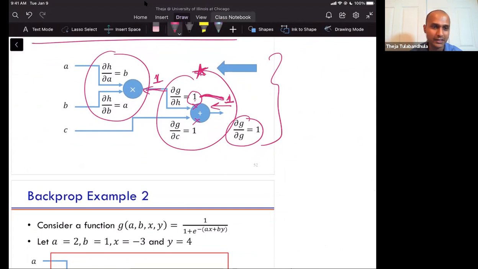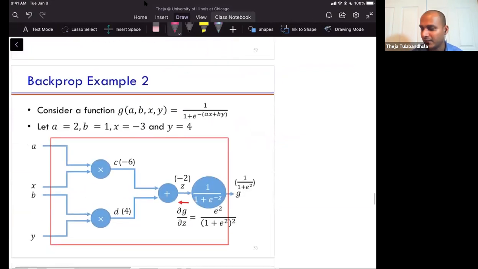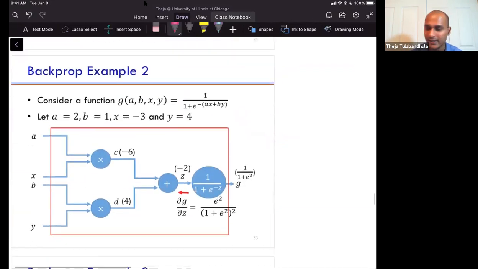One of the packages is called PyTorch. It's quite famous, with a lot of implementations by researchers of different types of neural networks. But behind the scenes, one of the key features that PyTorch implements in a very robust way is backpropagation. So it's good to get a sense of how it actually works behind the scenes.